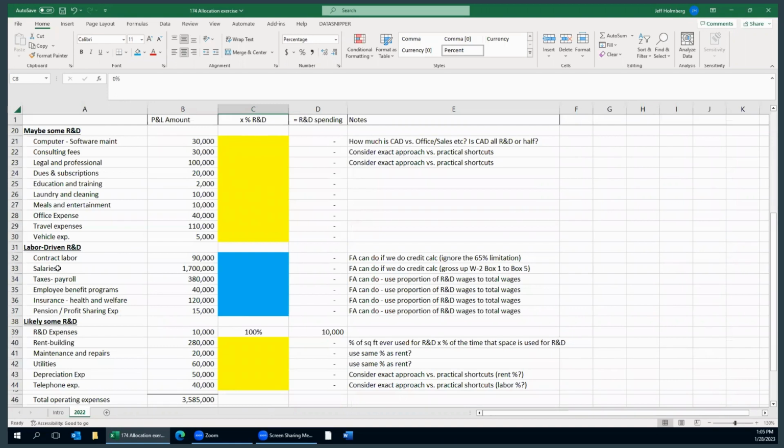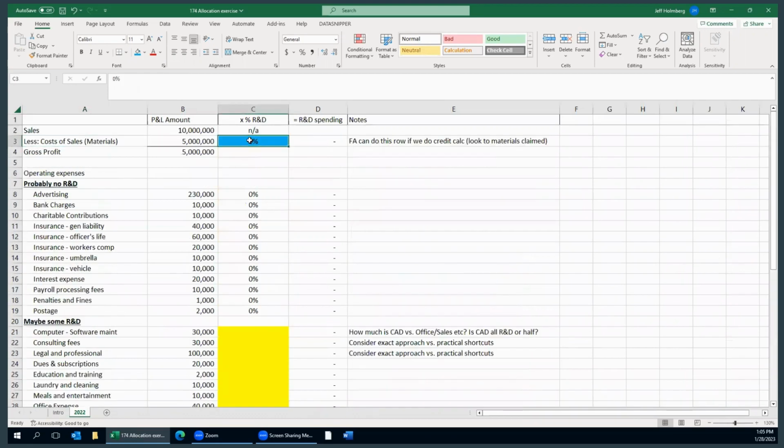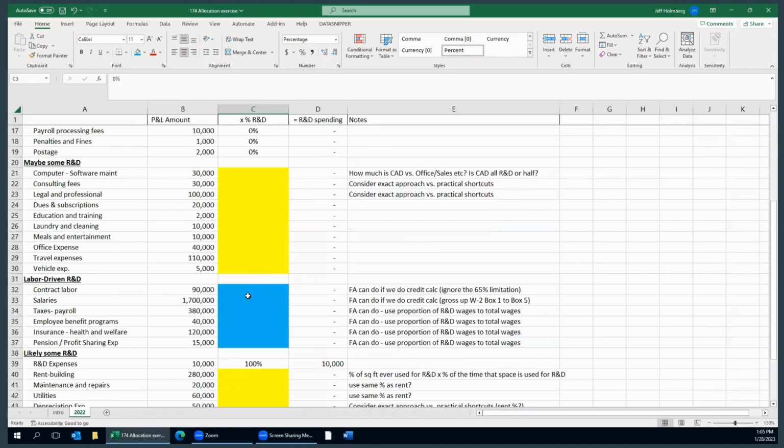Our credit is very focused on wages and contract labor and materials. So if we do a credit for you, we can already come up with those numbers. And with those numbers, that will help us come up with some other numbers, like down here, your payroll taxes or health insurance for employees.